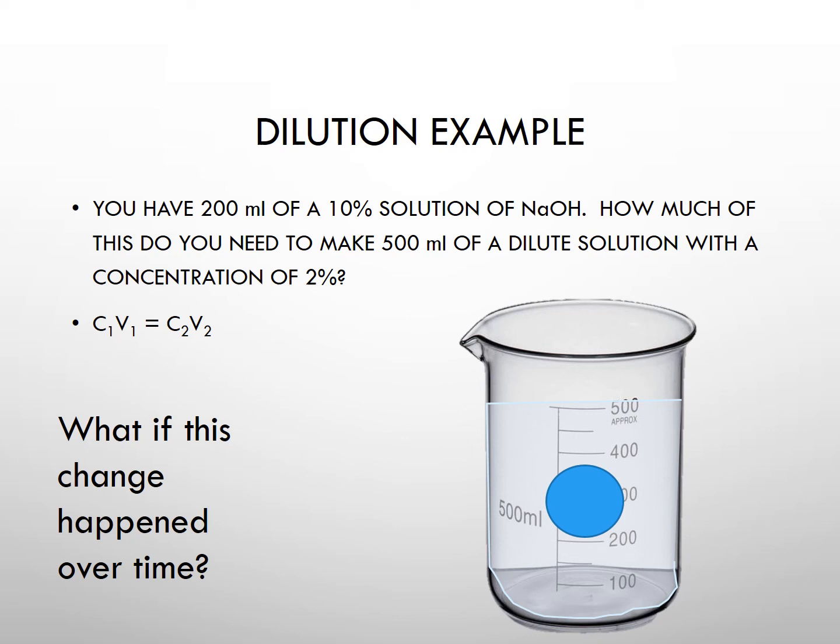Over time, those ions, if they have a means of getting across the membrane, are going to start diffusing out of our cell because they're moving from high concentration to low concentration. And if that was happening, then we could start asking questions about what factors might influence the rate at which this diffusion was occurring. How could we increase the rate at which our ions were moving from inside the cell to outside of the cell? That will be the focus of this week's lab.